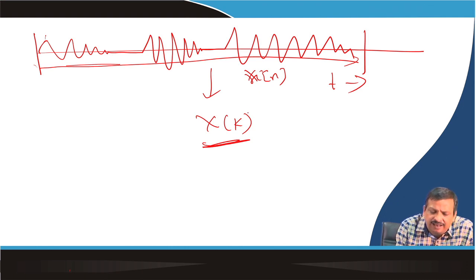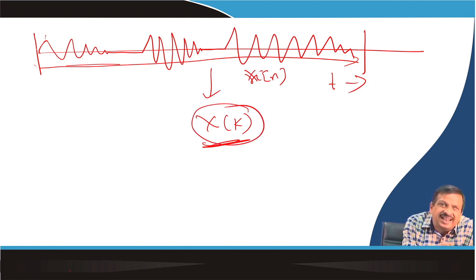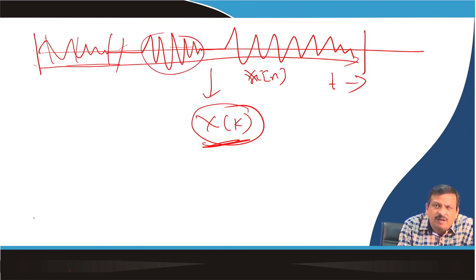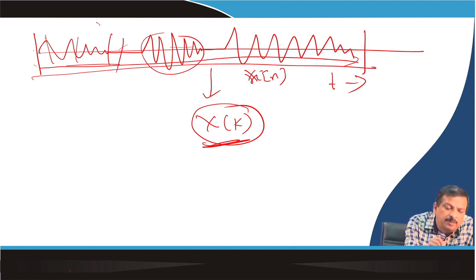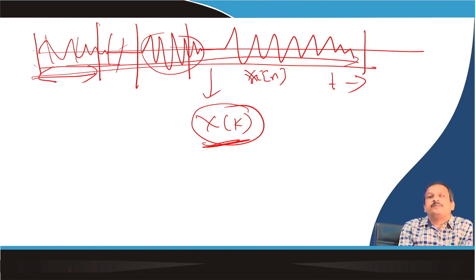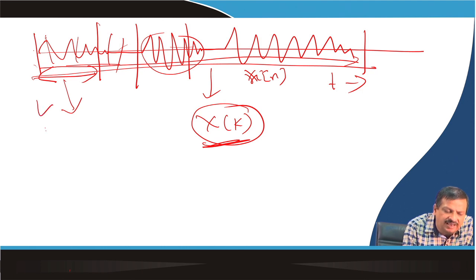So, if I take the frequency transform, I get an average frequency response of all the signals. So, it includes the silence response, it includes this portion. Since it is a non-stationary signal, if I make a small window, then in the small window I can say it is stationary. So, I am analyzing window by window of length L.